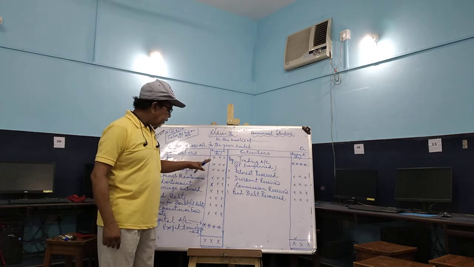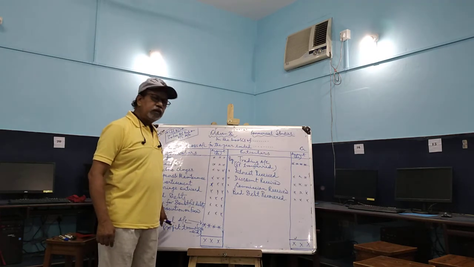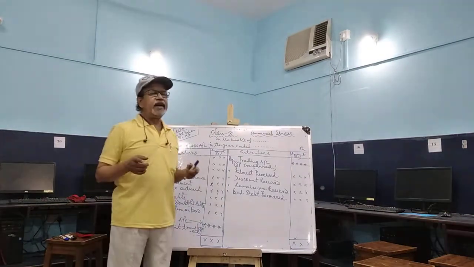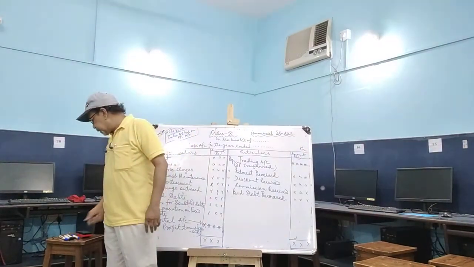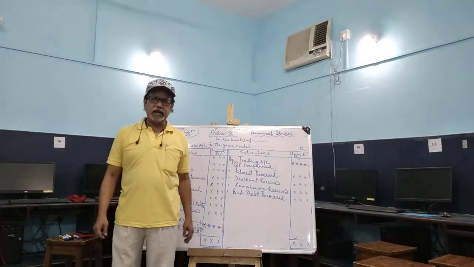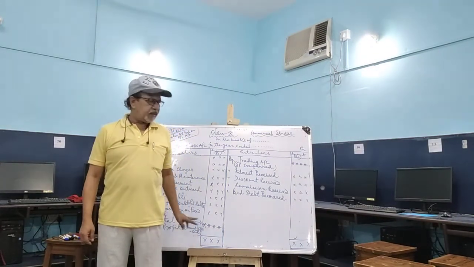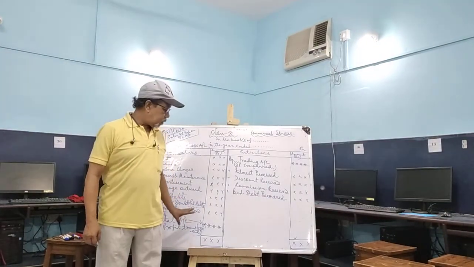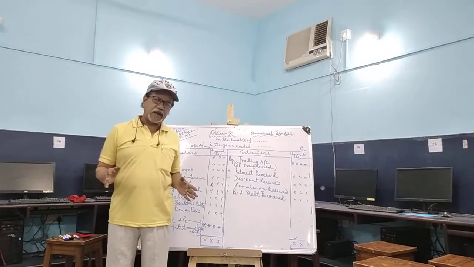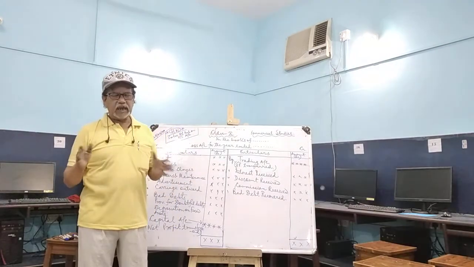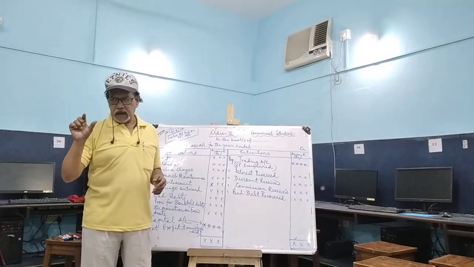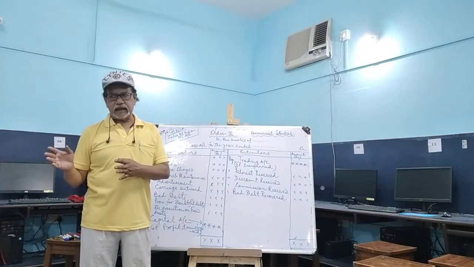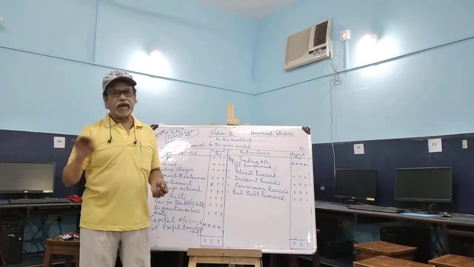Now, there is this capital account, which we open in our general ledger. But before that, we have closed the ledger accounts and prepared the trial balance with the help of those ledger balances, right? So we don't need to go again there and open the general ledger and put that balance there.